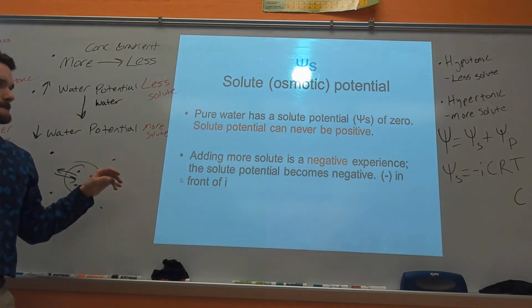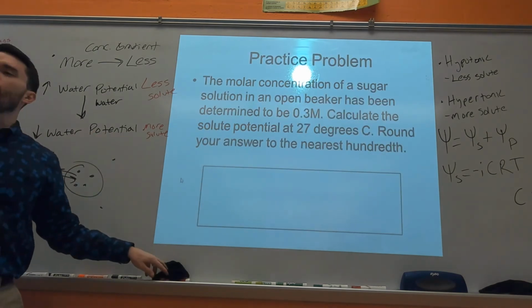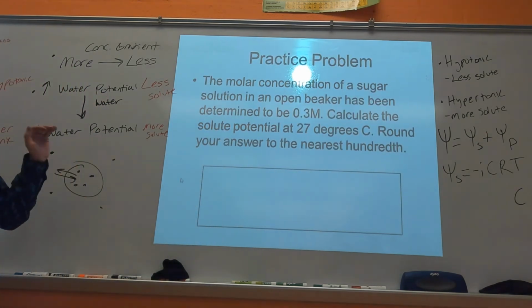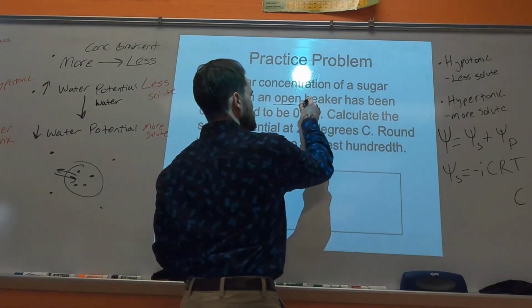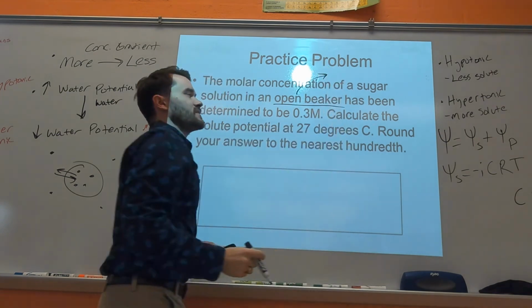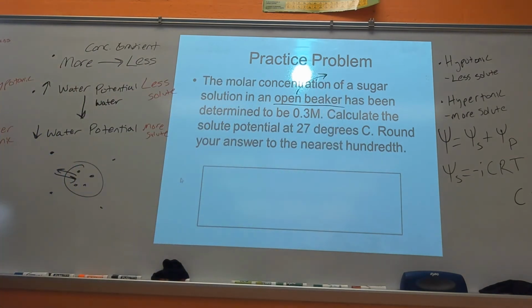So there you go. Okay, so what might a practice problem look like? In Mastering Bio, there are some pretty good ones to see what these look like. They're telling us the molar concentration of a sugar solution in an open beaker. What would that tell you? Open beaker, classic test problem. What would that tell you looking at the water potential formula?